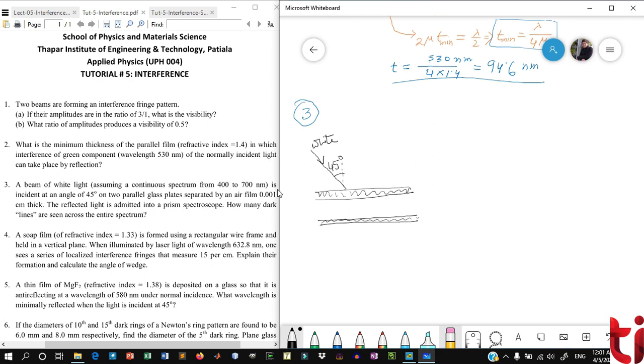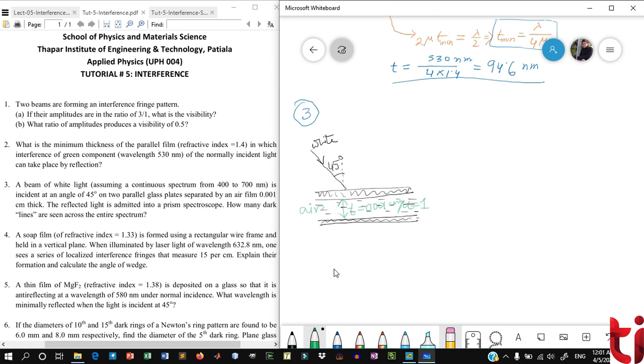In between these two parallel glass plates, there is a medium. That medium is air. So here the refractive index mu is equal to 1. What is the thickness? T is equal to 0.001 centimeter.